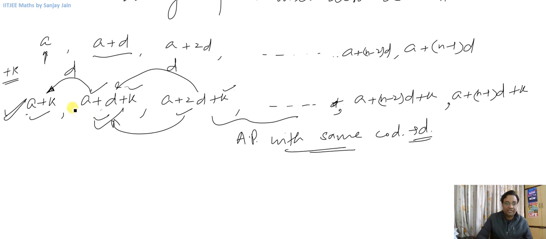In case of addition, if I add a non-zero constant to each term of this AP, I get a resulting sequence which is also an AP with the same common difference D.